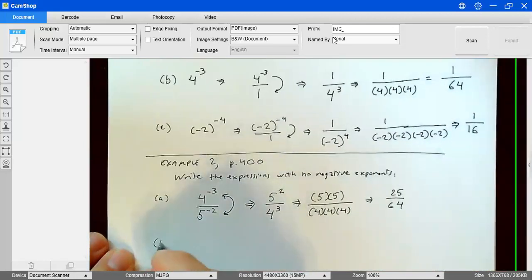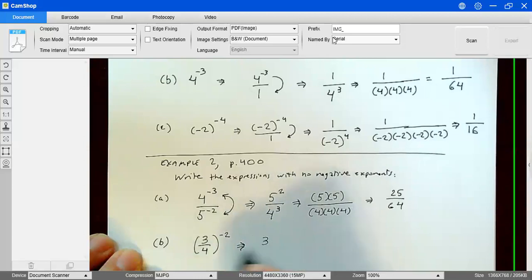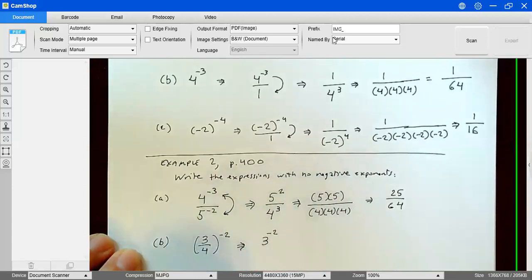So now we have part B, which is 3/4 to the negative 2. So first we're going to apply a rule that allows us to break this base into parts. So one is going to be the numerator with the exponent and the denominator with the same exponent. I've just broken the base, which is a fraction, into 2 parts.